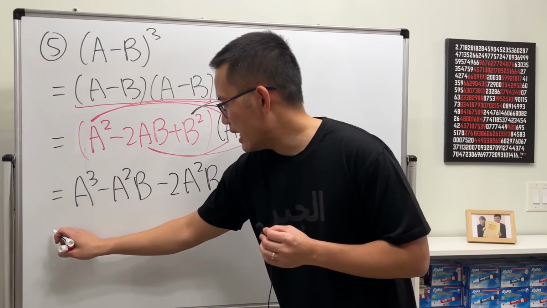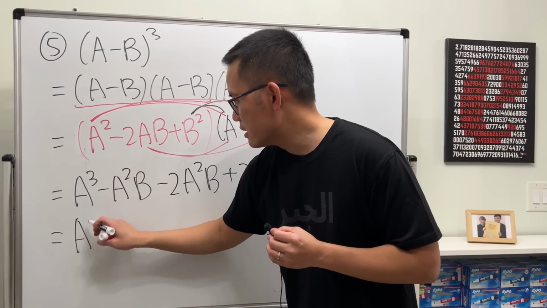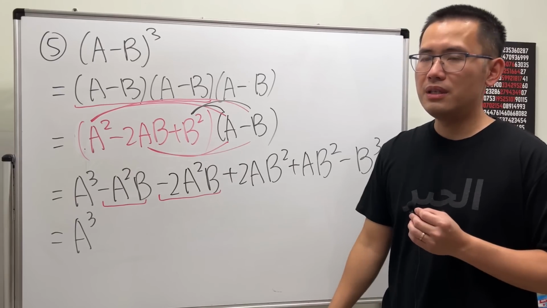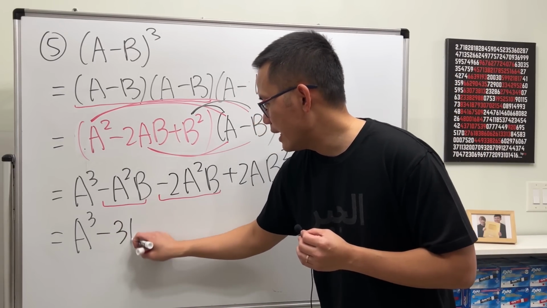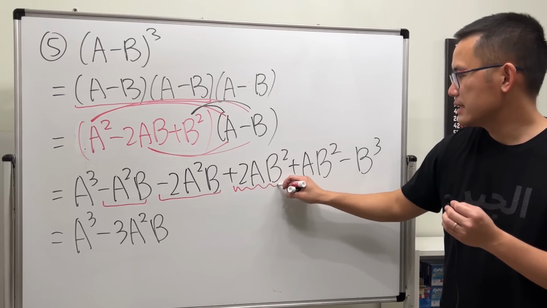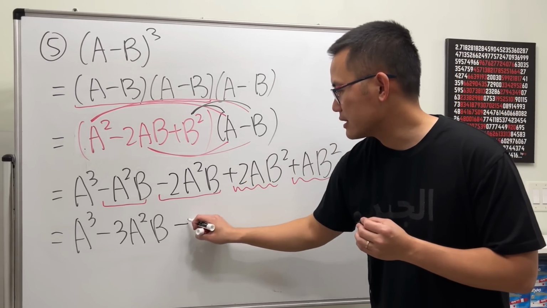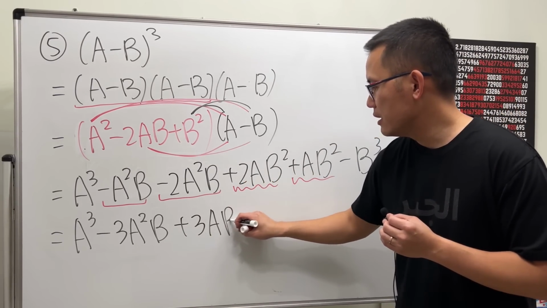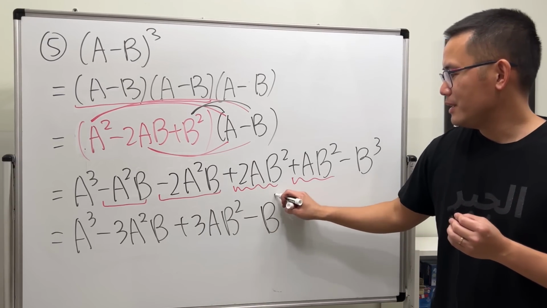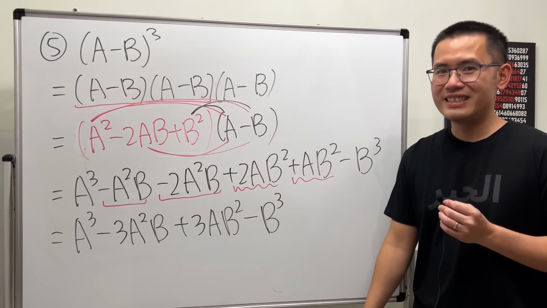And then we see that this right here stays, but minus A squared B minus 2A squared B, that's minus 3A squared B. And then this and that, we can say that's plus 3AB squared. And lastly, we have the minus B cubed, just like this.